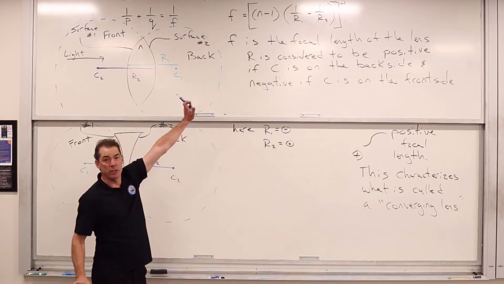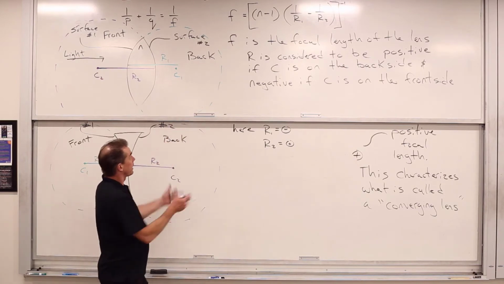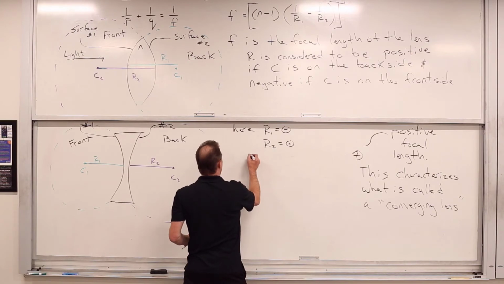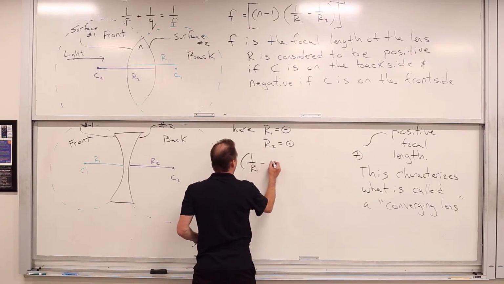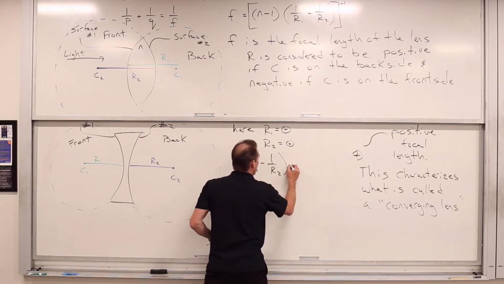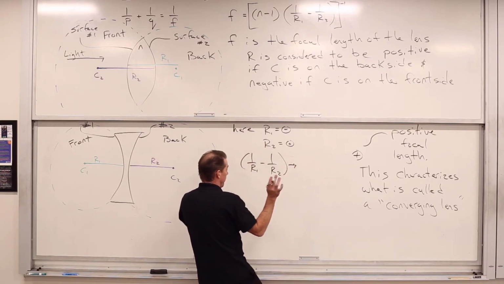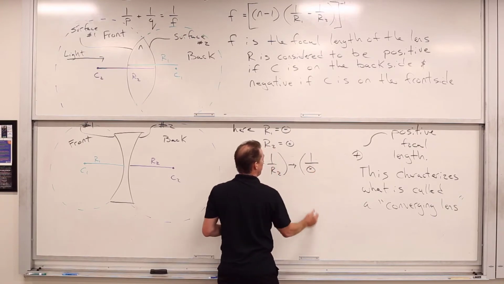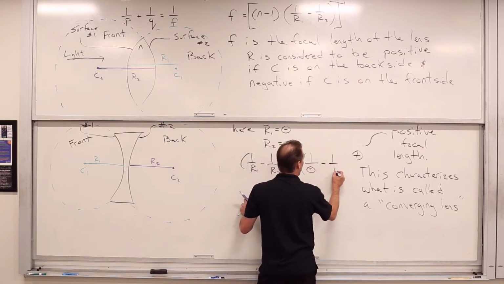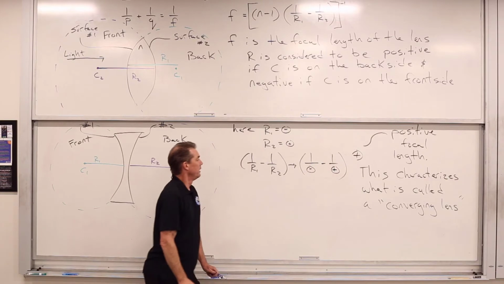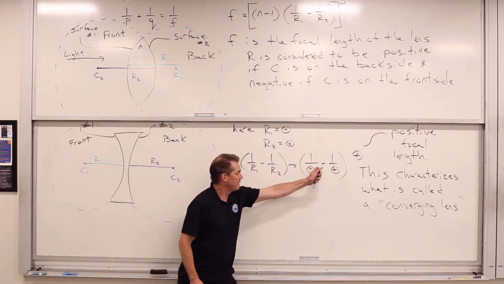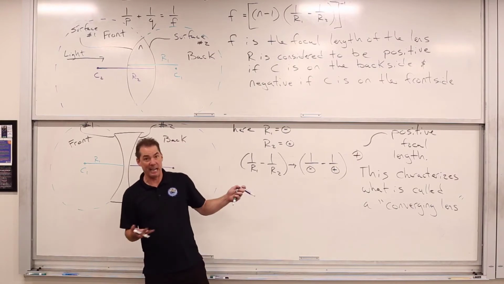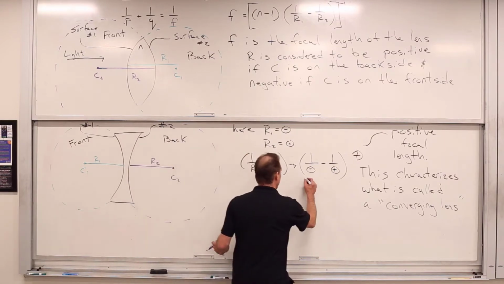We already know the n minus 1 part is going to be positive, so it really comes down to what is 1 over R1 minus 1 over R2. We have 1 over R1 minus 1 over R2 goes to, again, with signs, 1 over a negative minus 1 over a positive. Well, we have minus, minus. Both numbers are going to be considered negative. Adding them together gives us something negative.